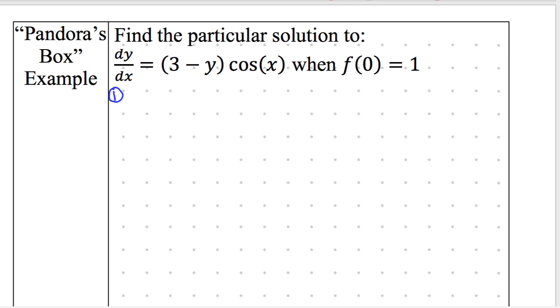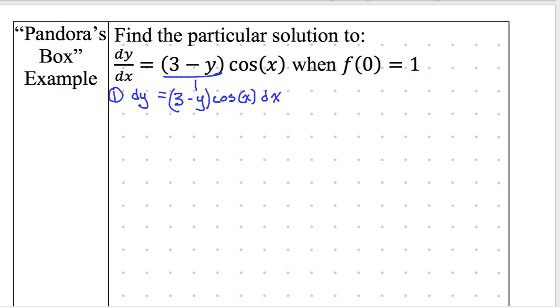I have dy on the left because that's over 1. 1 times dy is dy. And on the right, so dy equals 3 minus y times cosine x dx.